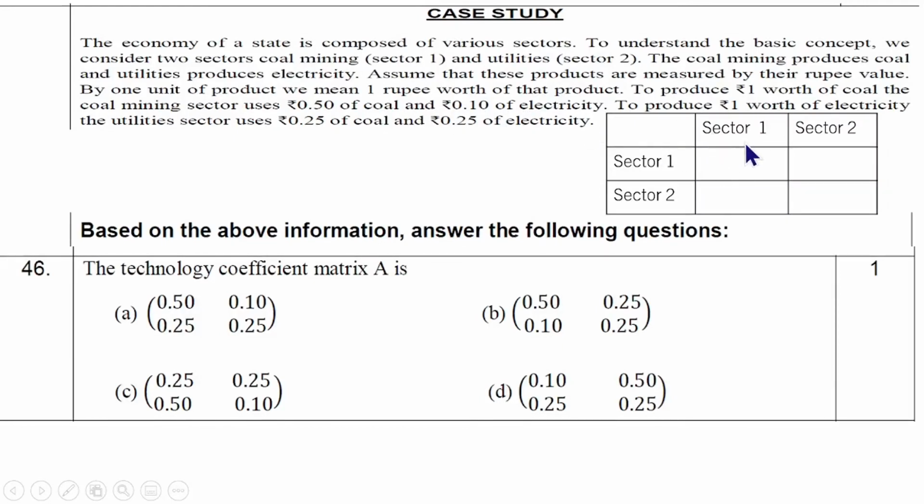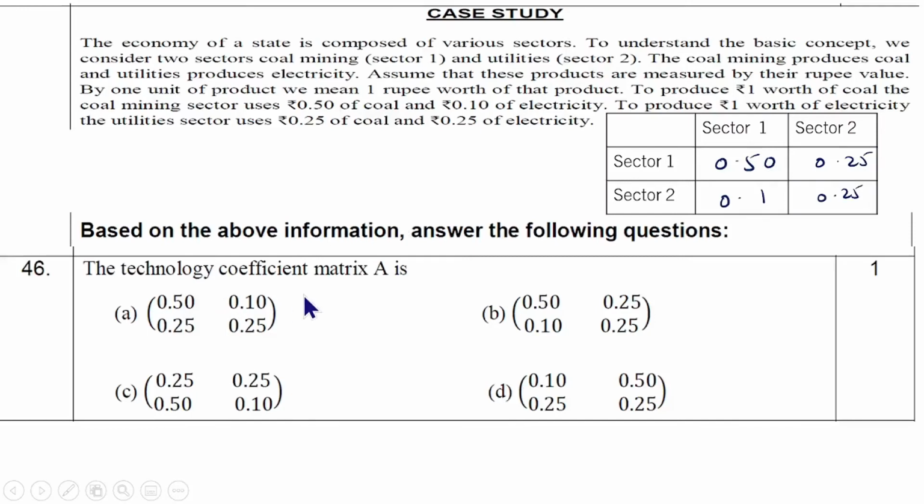So if we consider sector 1 as the coal mining sector and sector 2 as the utility sector, then here we will have 0.50 and here 0.1. And then it is given, to produce rupee 1 worth of electricity, the utility sector uses 0.25 rupees of coal and 0.25 rupees of electricity. So here it is 0.25 and 0.25.